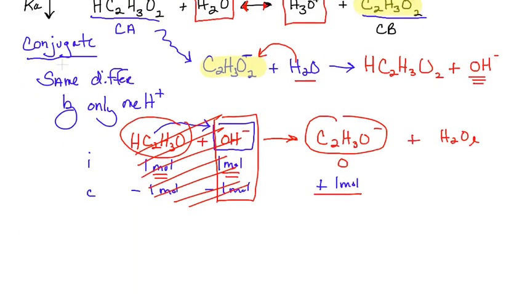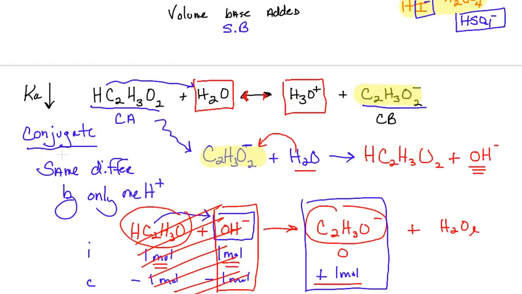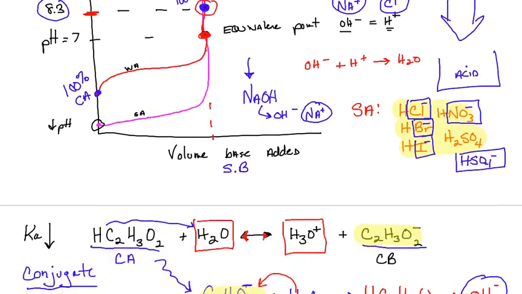And this is the catch. Once I have this base, why does the pH go above 7? Well, because it reacts with the water that's remaining, and because it has the ability to hydrolyze water and pull H's, it produces hydroxides, which pushes your pH higher.